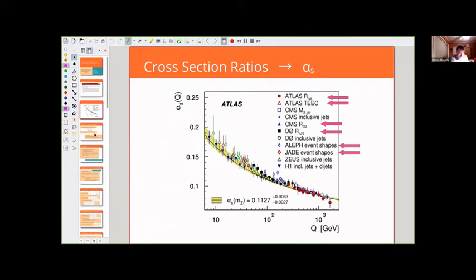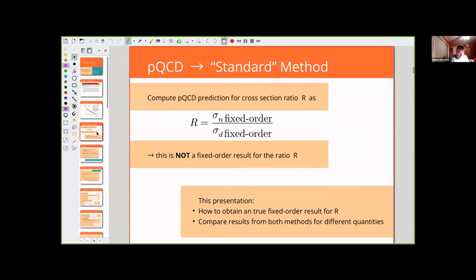Usually, when we compute the perturbative QCD predictions for a ratio, and I call this the standard method, which is used in every publication that has done this so far, the pQCD predictions for the cross-section ratio are computed from the ratio of the fixed order pQCD predictions for the cross-sections.